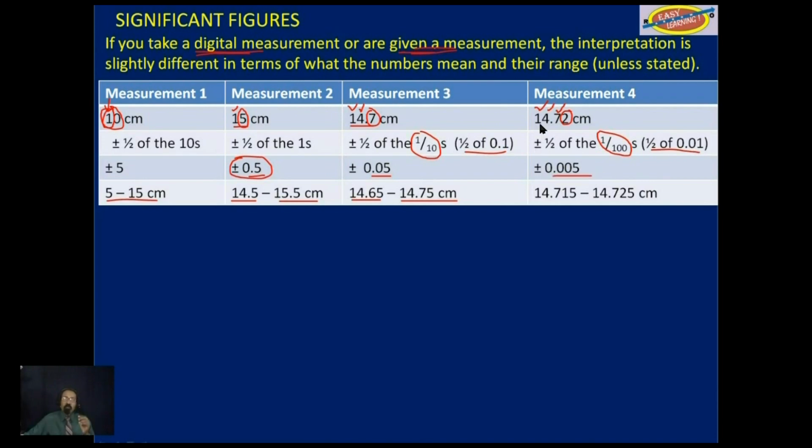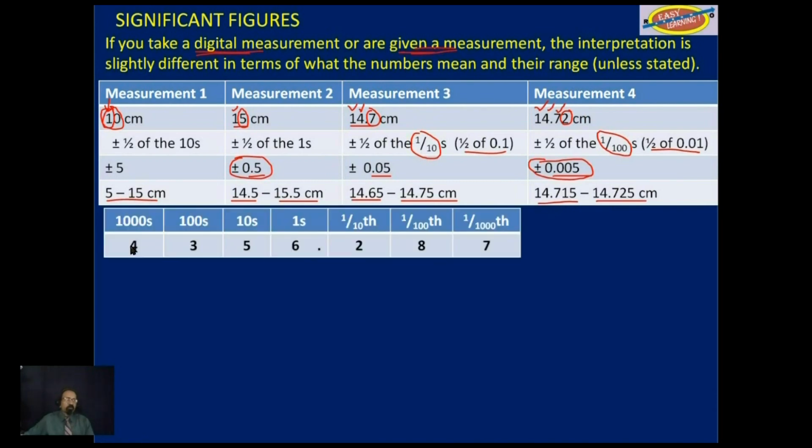So a measurement that says 14.72 actually means 14.72 plus or minus 0.005, and if you work that out, it would be 14.715 to 14.725. Consider further, if you have a number like this, 4,356.287.